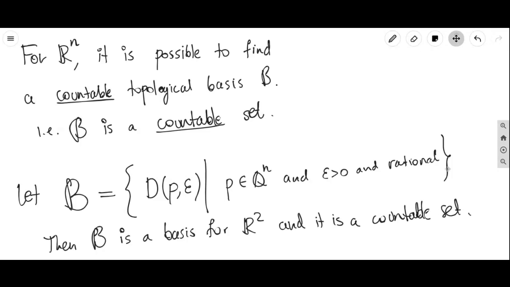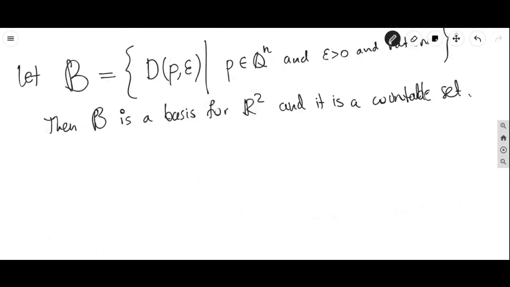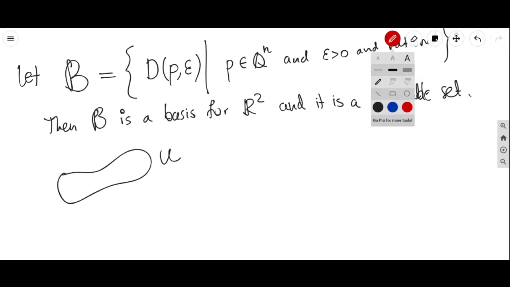Now, the reason why it forms a basis, I think this might make a good homework problem for you to think about and write a more rigorous proof. But the idea is basically this: if you have an open set, then for any point P you pick inside it, you can fit a disk.